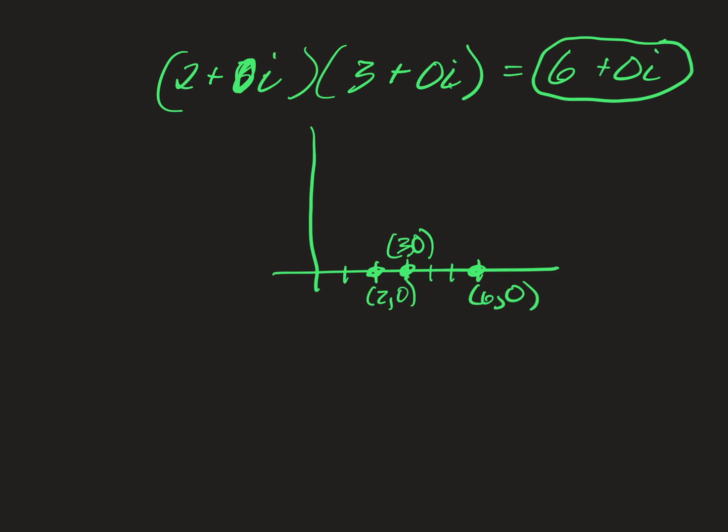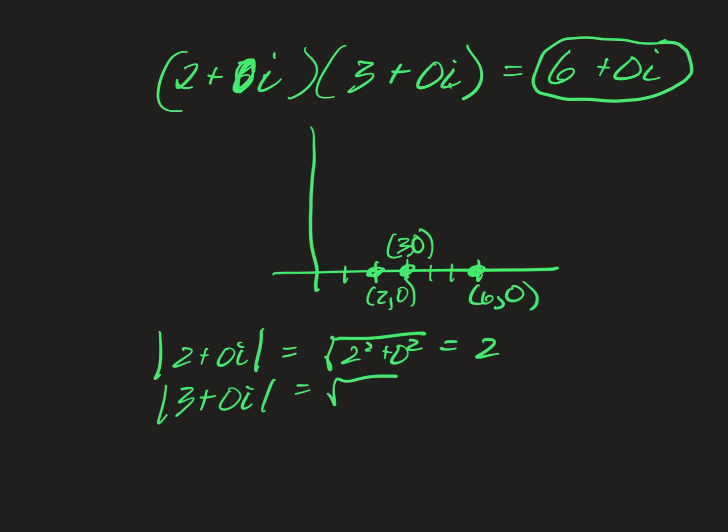And if you look at the moduli, the modulus of 2 plus 0i is equal to the square root of 2 squared plus 0 squared, or just 2. The modulus of 3 plus 0i is equal to the square root of 3 squared plus 0 squared, or just 3.